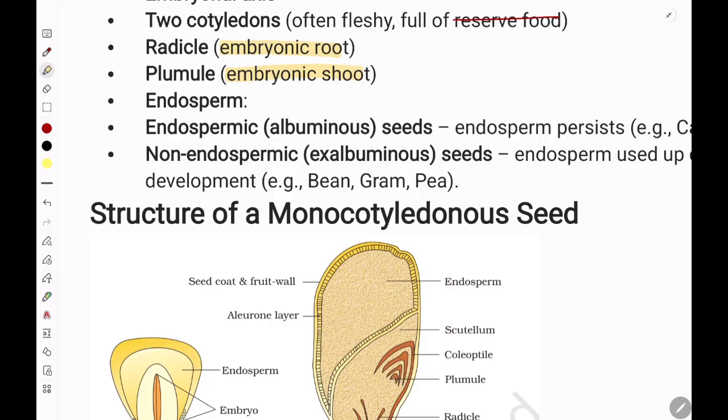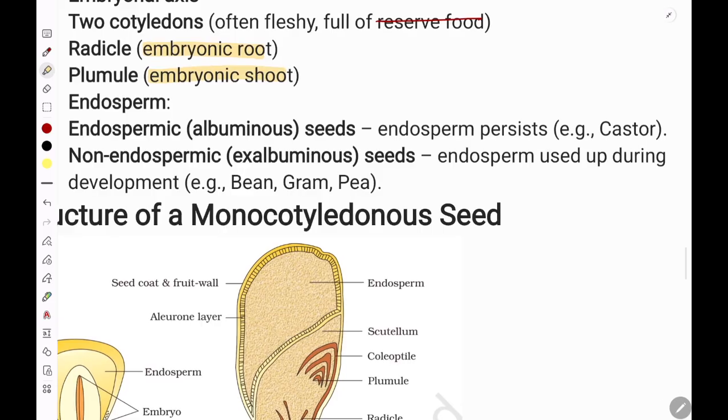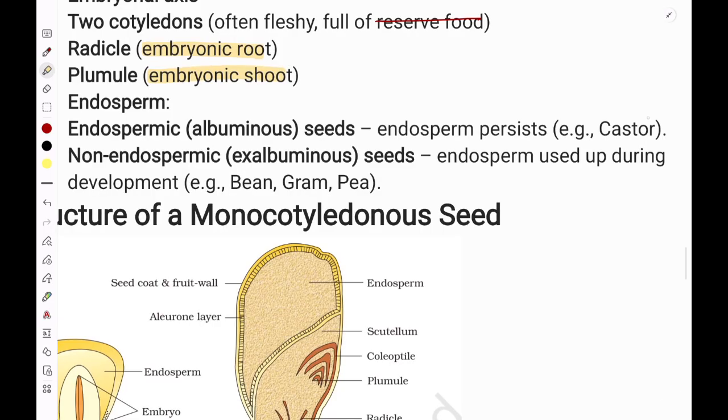Endosperm is the part of the seed which provides nutrition to the embryo till it matures. In some plants the endosperm disappears, and in some plants it stays until the stage of seed germination. The seeds which retain endosperm are called albuminous seeds, for example castor.